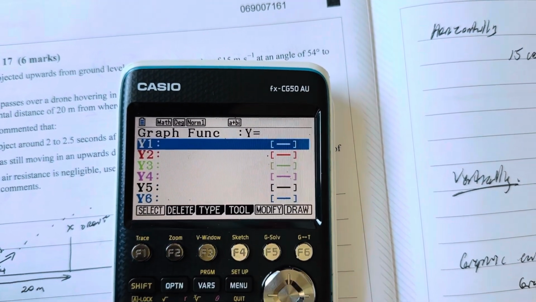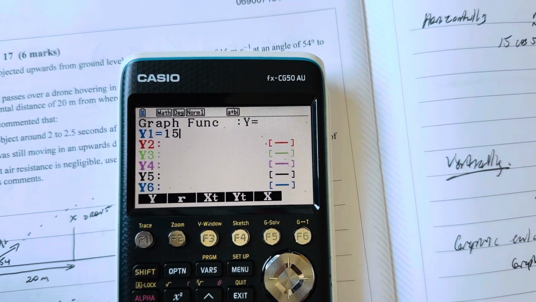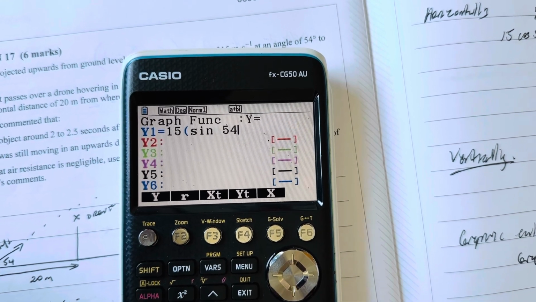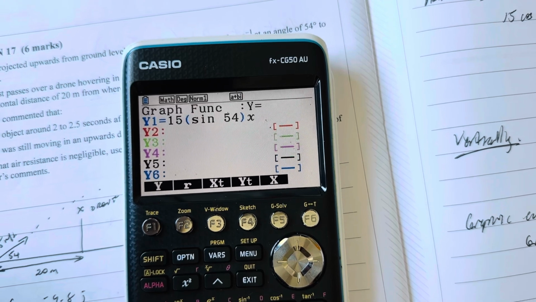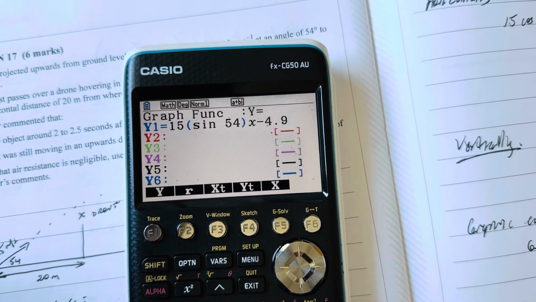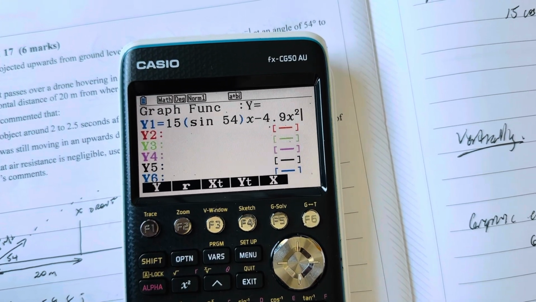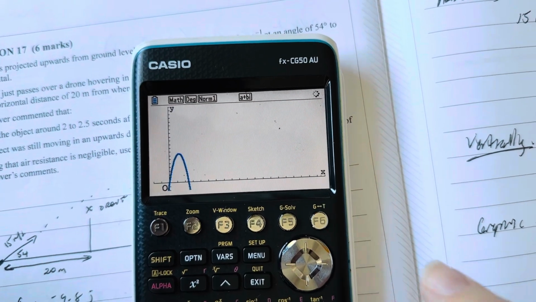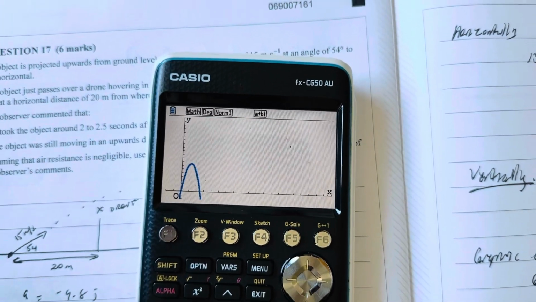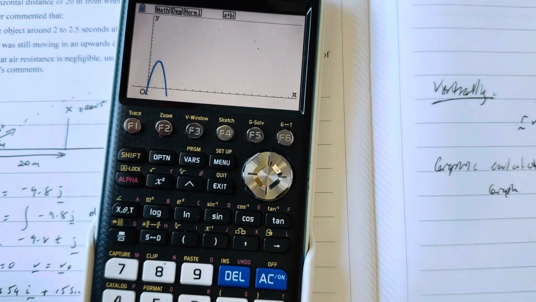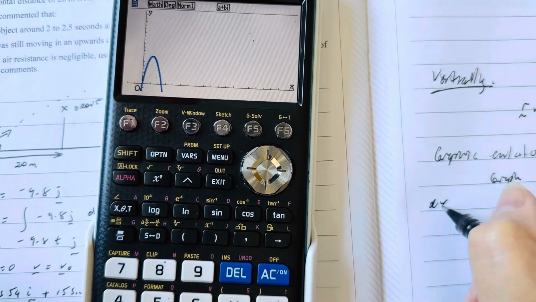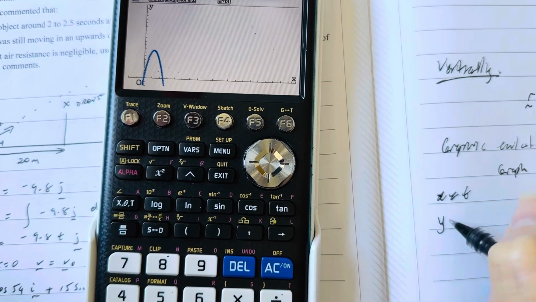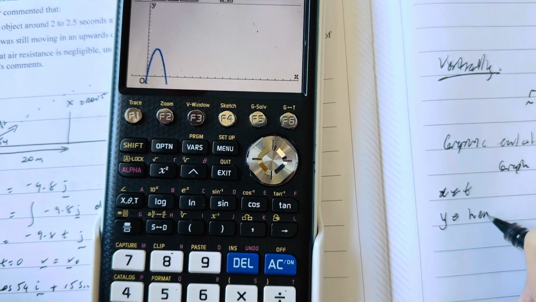So I'm going to put in 15 bracket sine 54 close bracket x minus 4.9x squared. Draw. Nice little graph. Remembering x is t and y is height.